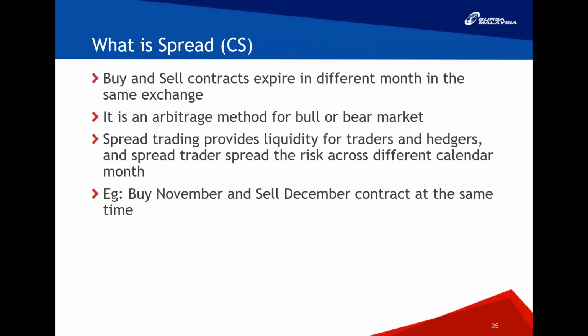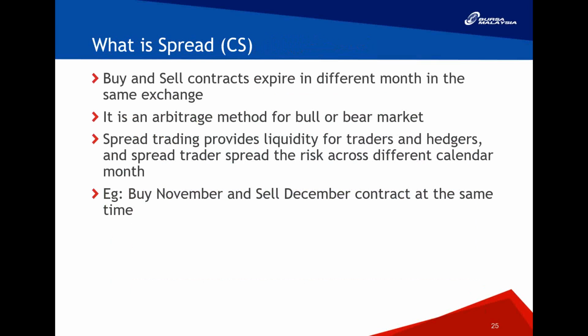Okay, these are the 12 months of contracts that you can trade now, and 36 more contracts, which are double month, odd month. So if you buy one month, let's say September, and you sell October, so one buy, one sell, and they expire in different months. This is called spread.